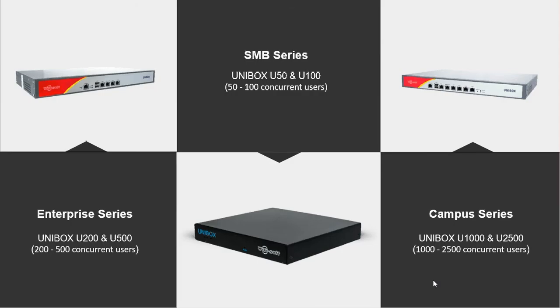So let's look at what different models are available in UniBox. UniBox is designed to cater to a network of any size, be it large or small. We have categorized our products into three primary categories. The SMB series, which is our smallest series, provides access to about 100 concurrent users.